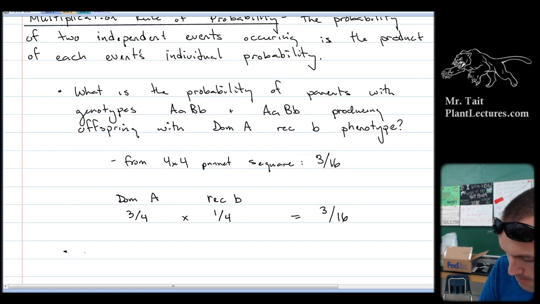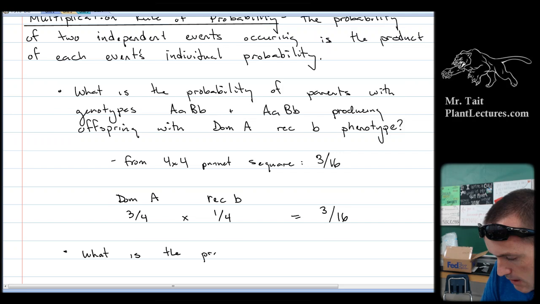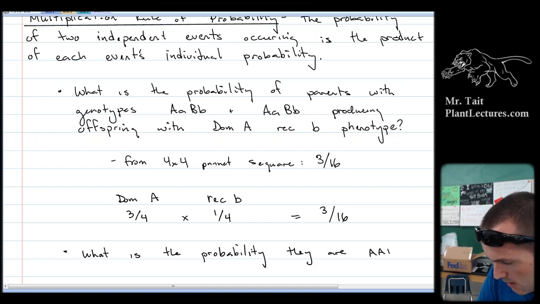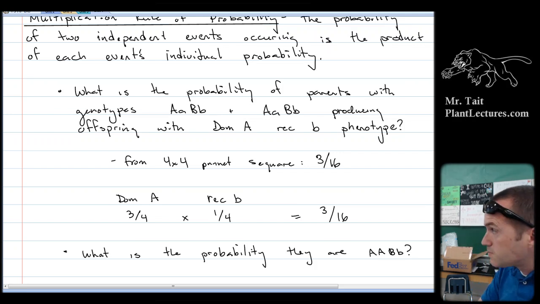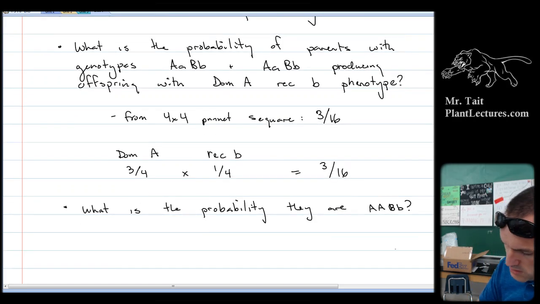Let's say, what is the probability they are big A, big B, little b? So we go look at our 4x4 Punnett square.